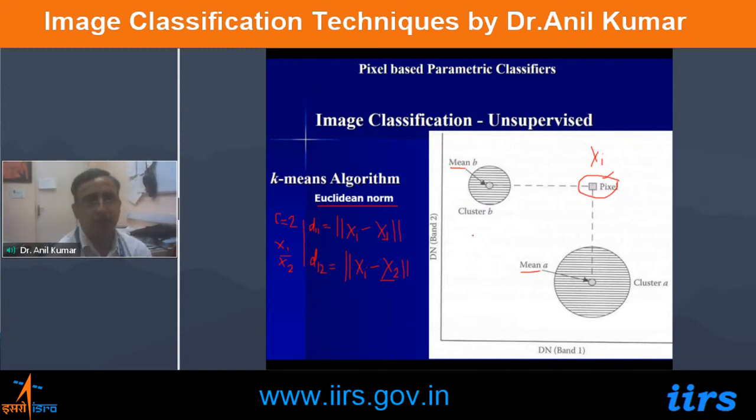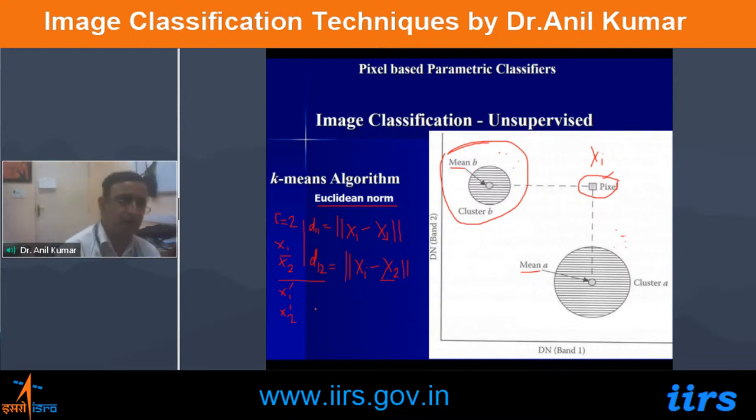So after the first iteration, what will happen? Few pixels will come here and few pixels will come here. So whatever pixels we got here, using these pixels we can find out the new means x1 dash and x2 dash.